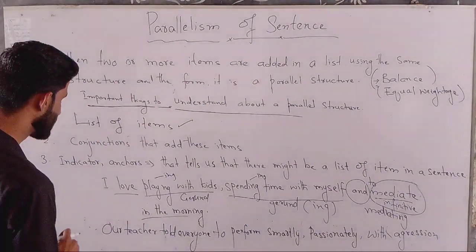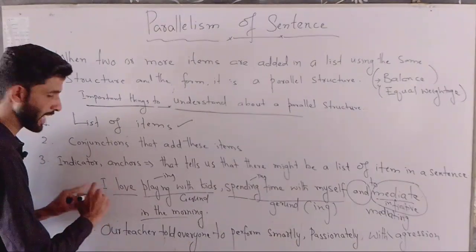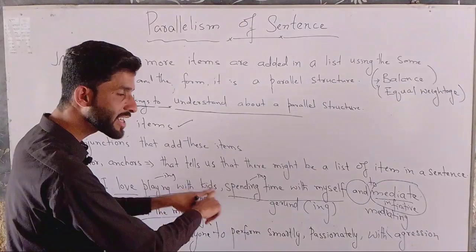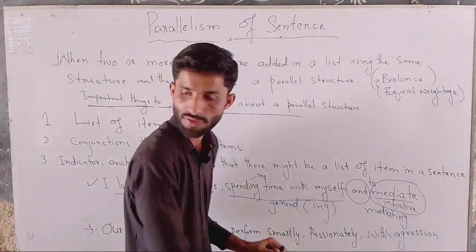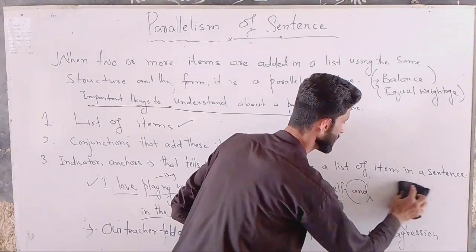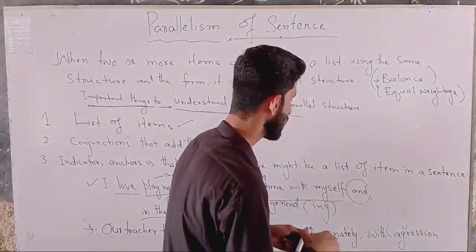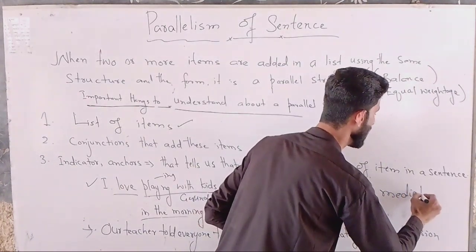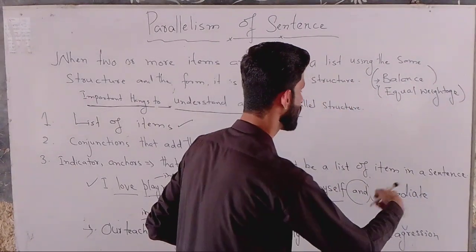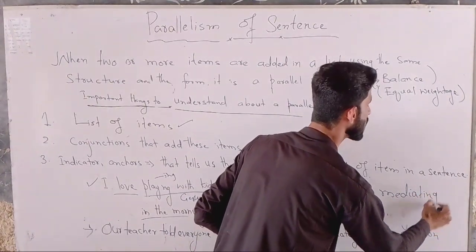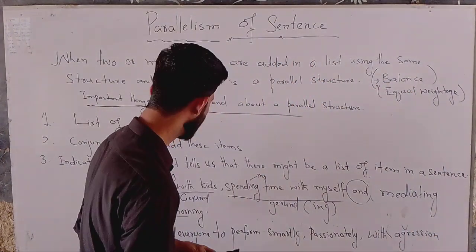I hope you have understood the first sentence. The right sentence will be: I love playing with kids, spending time with myself, and mediating. In place of "to mediate", we have to use mediating. Okay, that one is right.